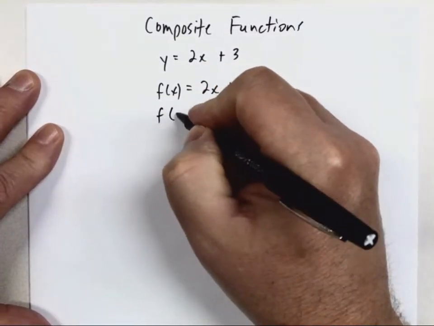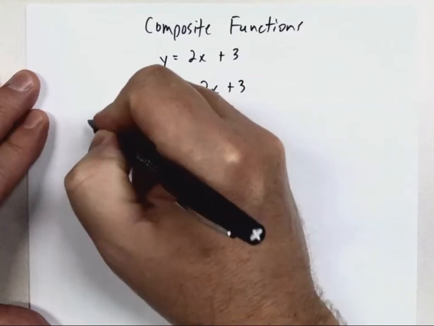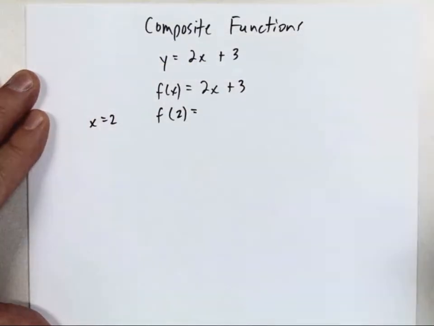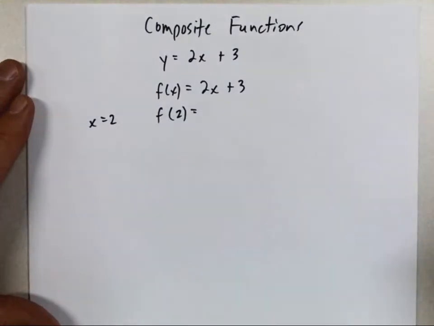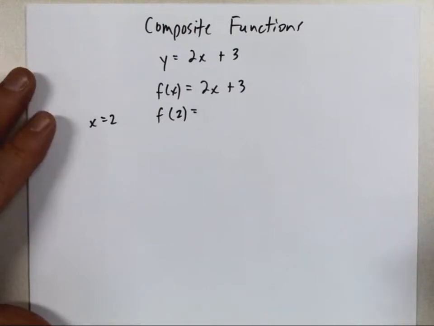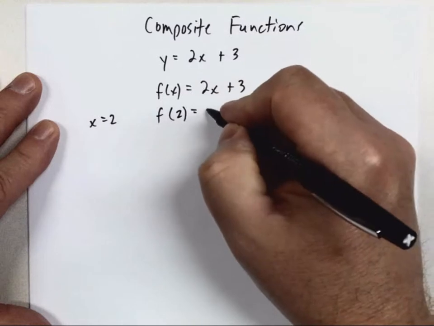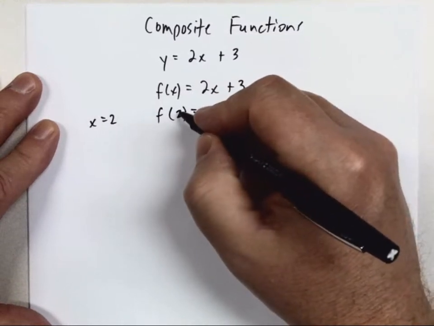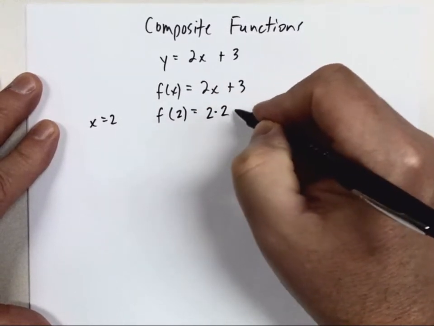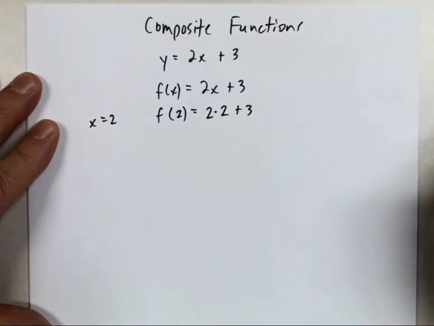Function notation is pretty handy to do things like this, where you want to set x equal to 2 and then find the value of the function. So f of 2 means every place you have an x, you plug in a 2.